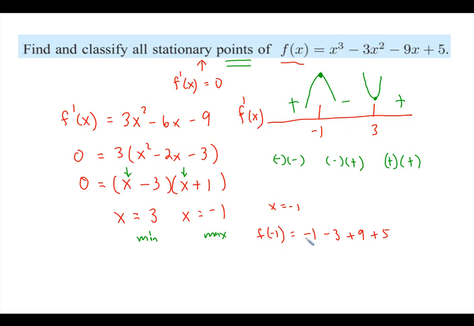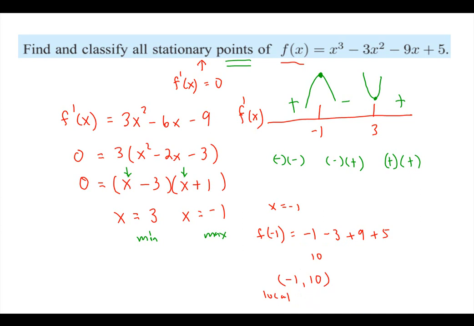If we work all this out, we end up with 10. So our coordinate when x is negative 1 has y equal to 10, and at this point we know it's a local maximum.